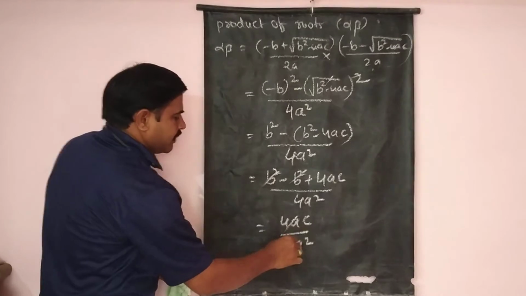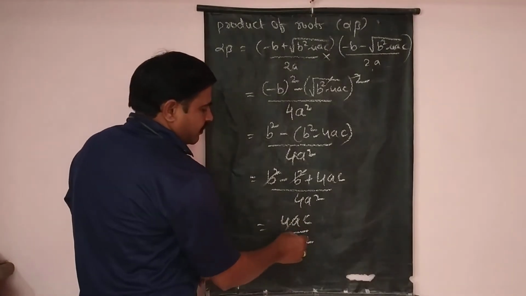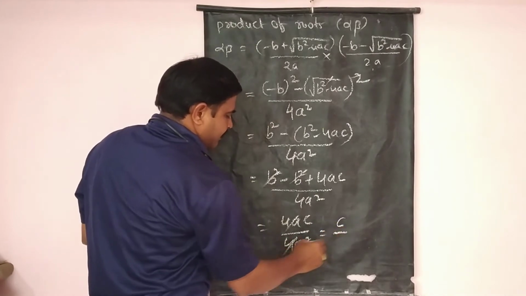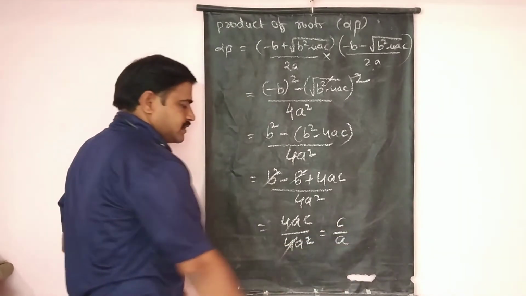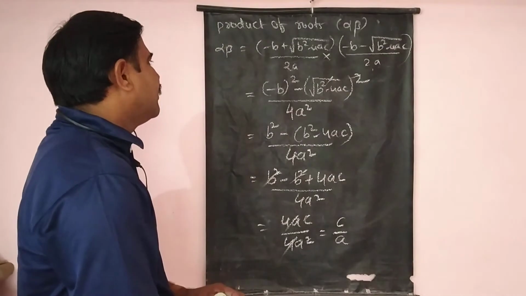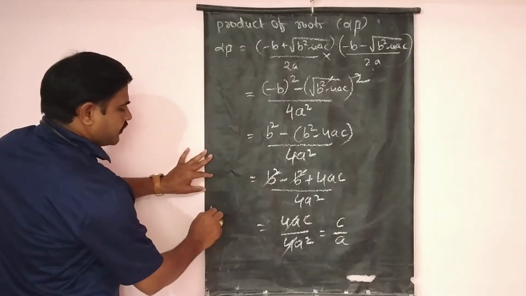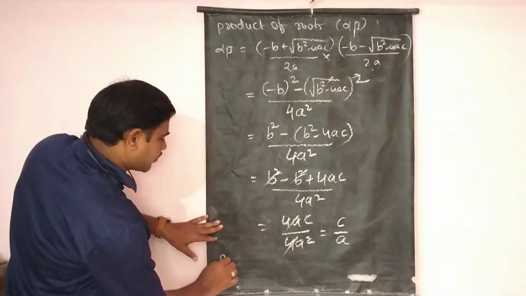Here 4a gets cancelled, one a gets cancelled, and the remaining is only c in the numerator and a in the denominator. C by a is the value of alpha into beta, the product of roots.